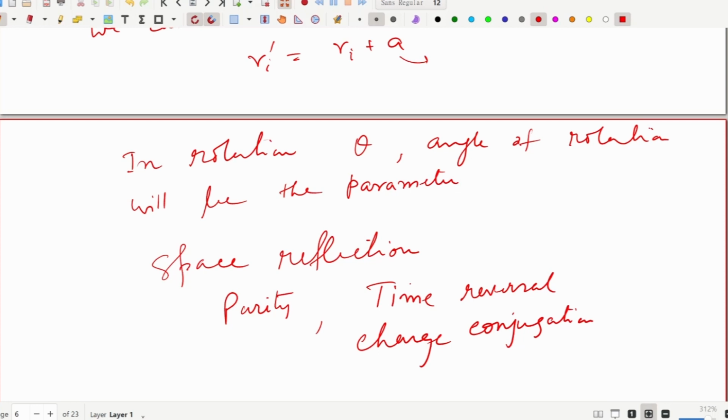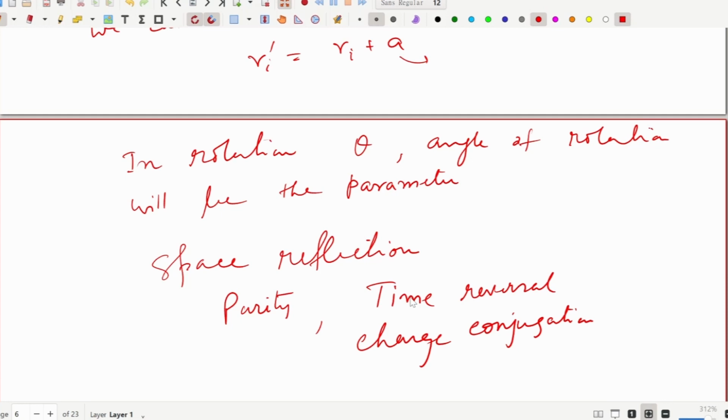In the discrete symmetry case, you will have some consequence. Noether's theorem is valid only for continuous symmetry, but even if your theory is invariant under some discrete transformation, then also you will have some consequence. So, this is the discussion on conservation laws and symmetries.